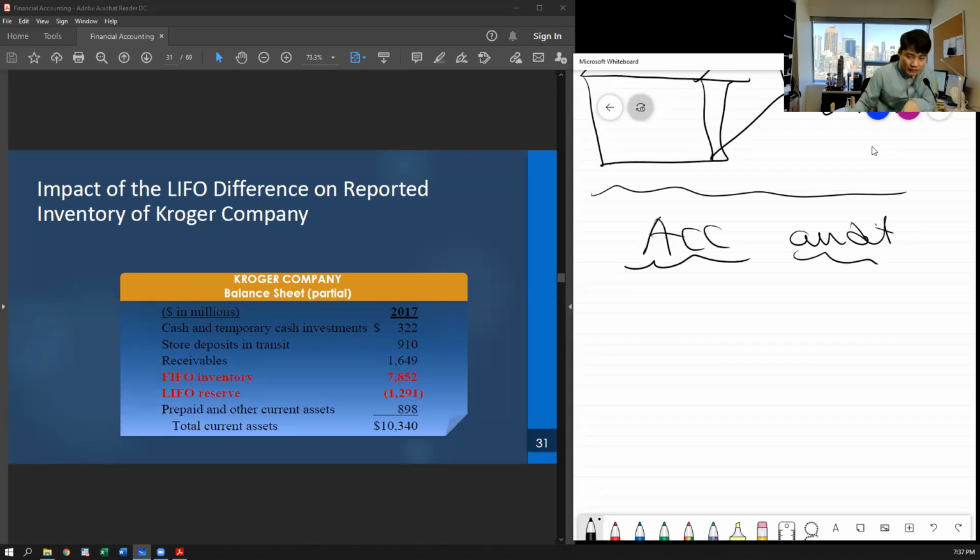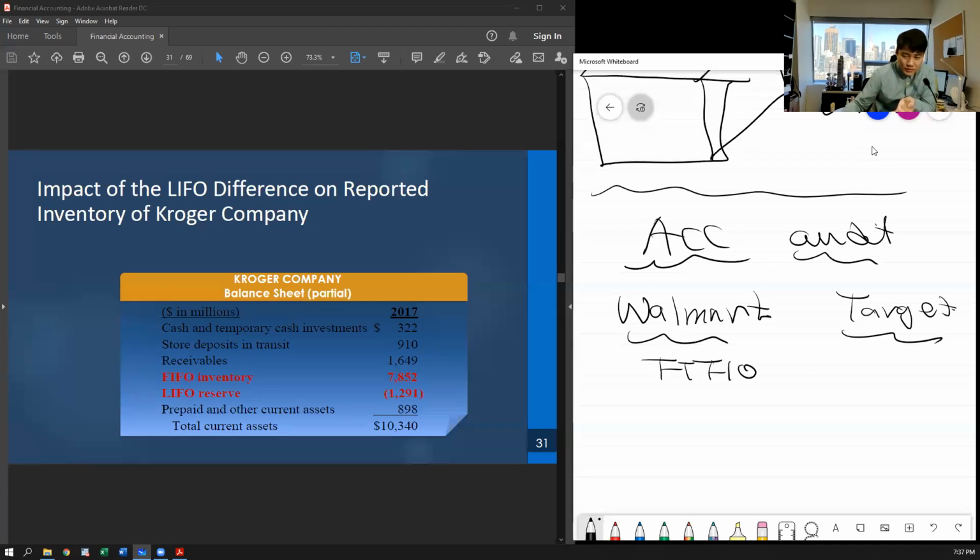So let's say you have Walmart, for example, and you have Target. If I assume that Walmart uses FIFO and Target uses LIFO, you cannot really compare the cost of goods sold between these two companies.